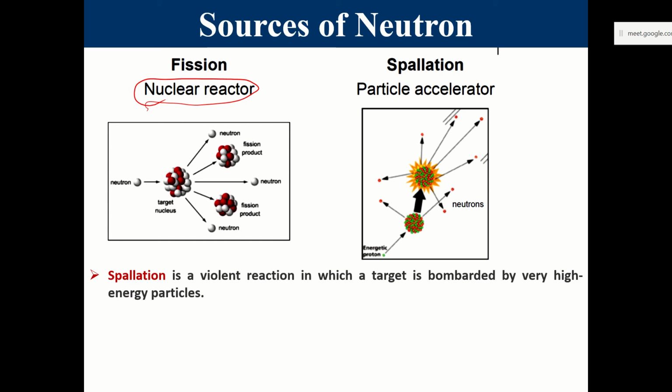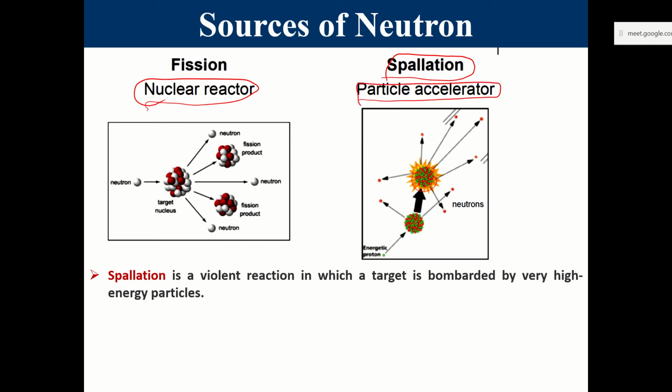By fission, neutrons can be produced. However, there is another method called spallation, through which neutrons of a particular energy can be generated. Spallation involves a particle accelerator.